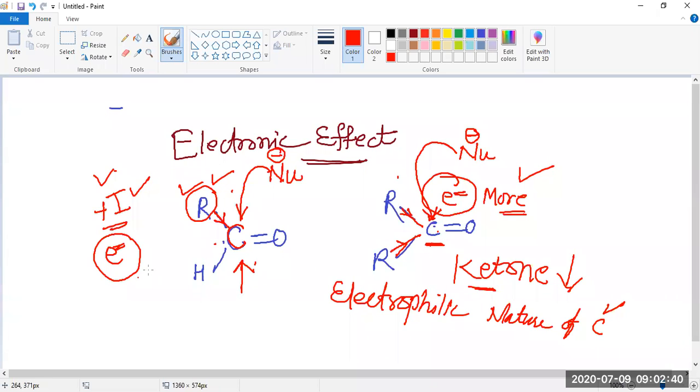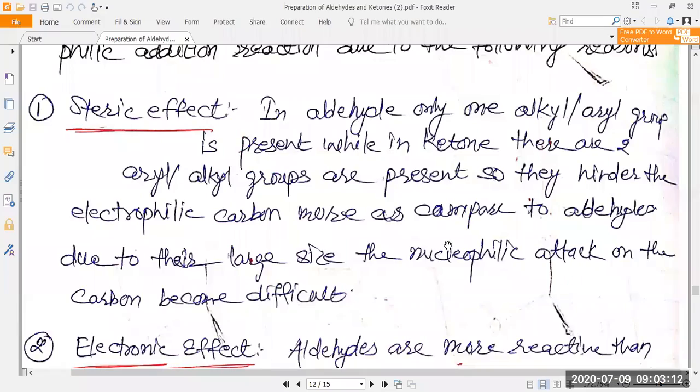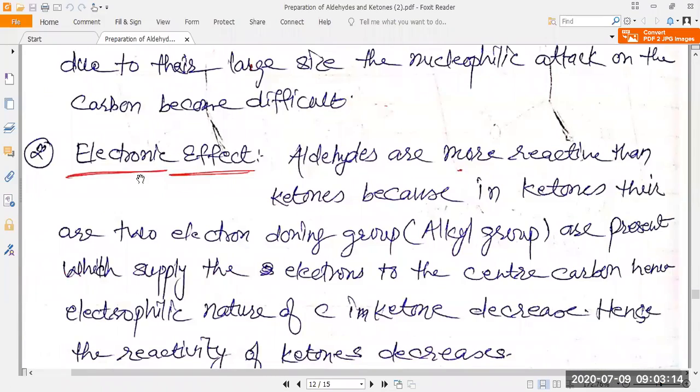So in a nutshell, we can say that aldehydes are more active towards nucleophilic addition reactions as compared to ketones. I think the point is clear to all of you. We have discussed both effects, the electronic effect and the steric effect.